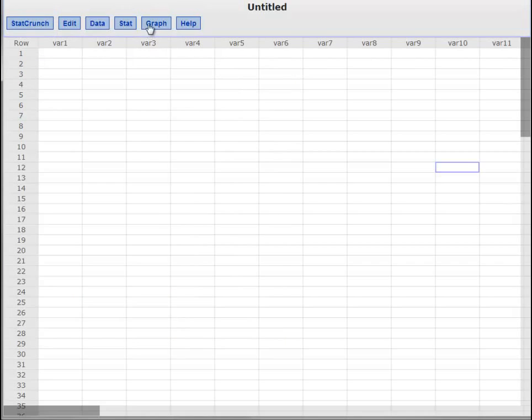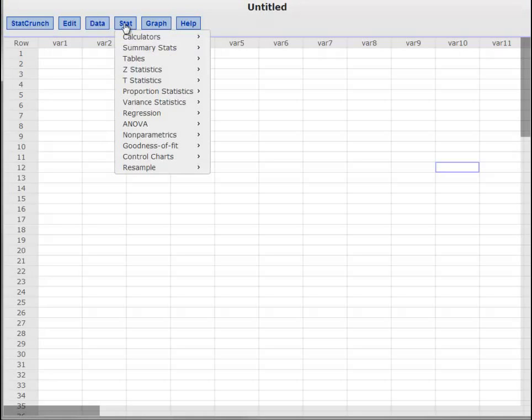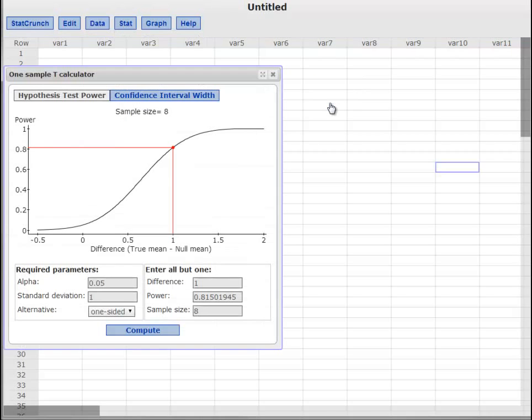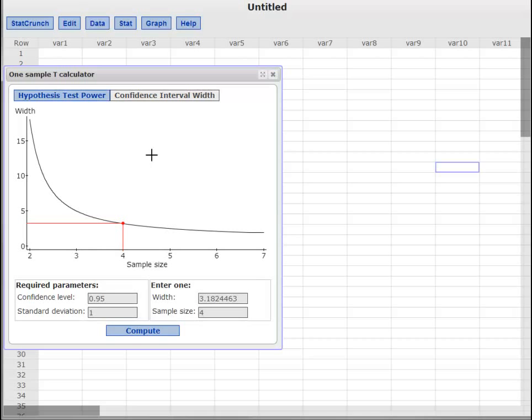Now, if we wanted to do it for the mean, we're going to do t-statistics, because that's what we normally do with means. Sample size. Alpha, standard deviation, right? So this is hypothesis test, confidence levels.